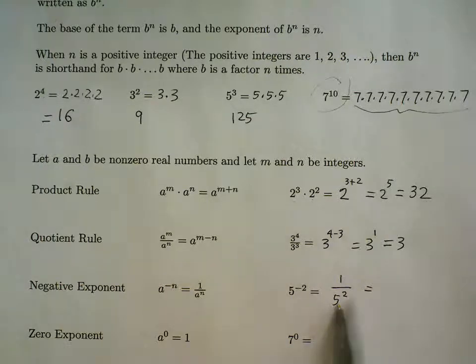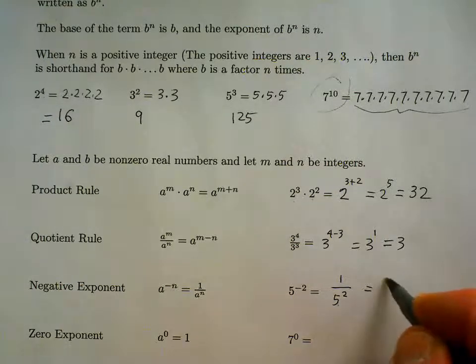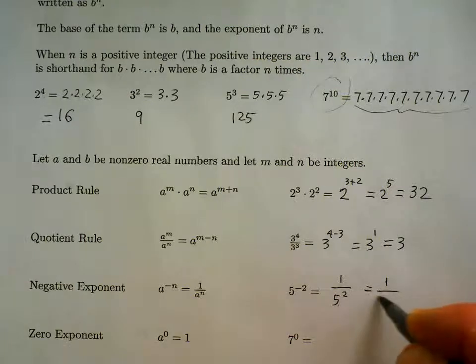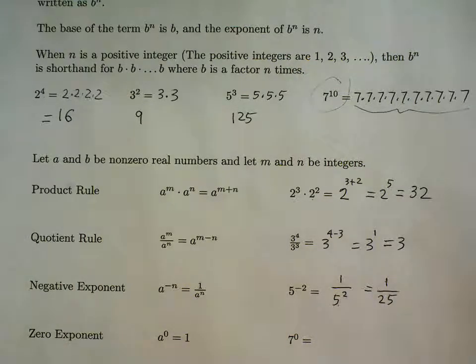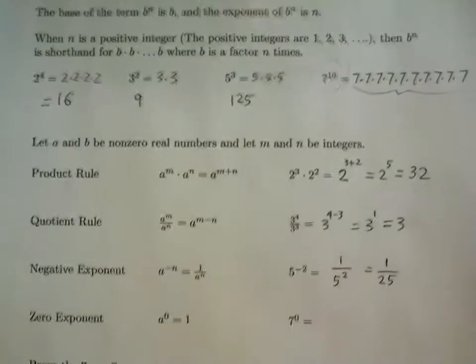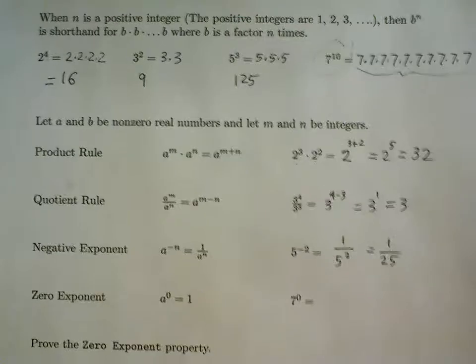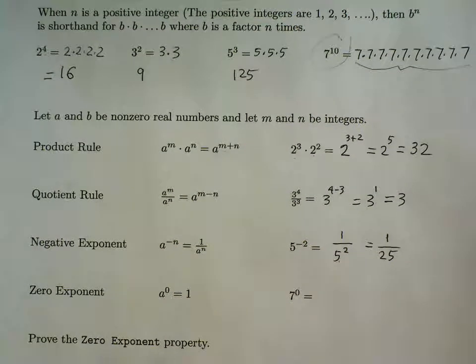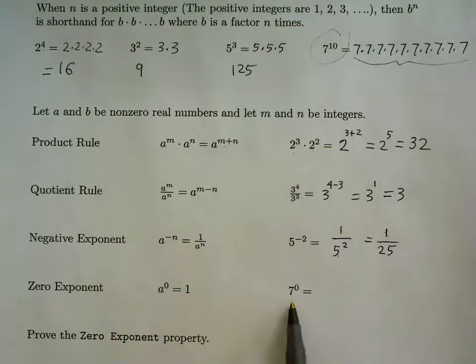And 5 to the second is 25, so this simplifies to 1 over 25. And then we have the zero exponent. Okay, remember a is non-zero, so a non-zero number raised to the exponent 0 is equal to 1. So 7 raised to the power 0 equals 1.